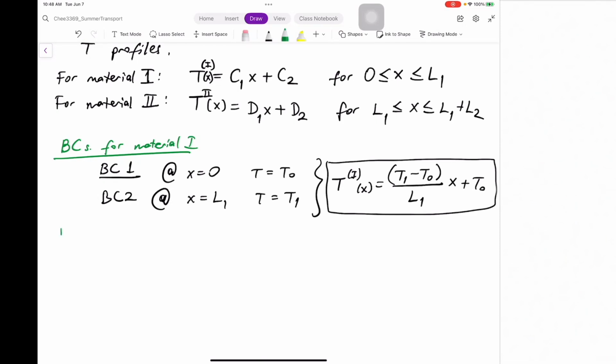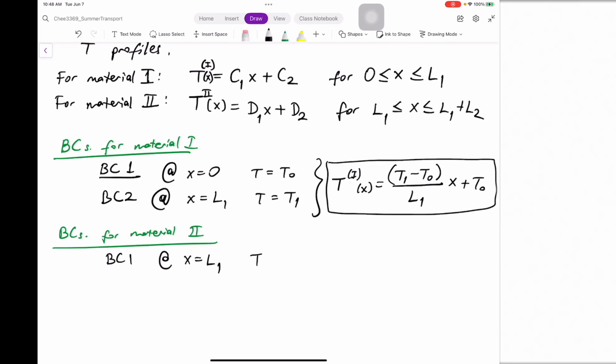And then if you use the boundary conditions for material 2, which are at x equal to L1, T is equal to T1, and at x equal to L1 plus L2, T is equal to T2, correct?